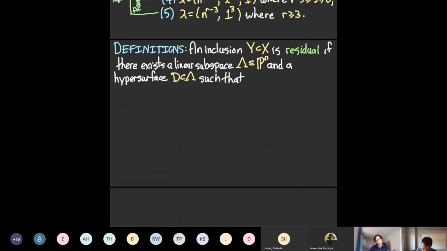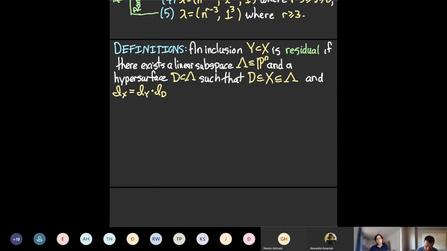The first is crucial, but not the really interesting part. These two things sandwich the larger one of our pair. So the divisor is contained in X and is contained in the linear subspace. So I need that. But the more interesting part is that the ideal sheaf of X is the ideal sheaf of Y times the ideal sheaf of the hypersurface.